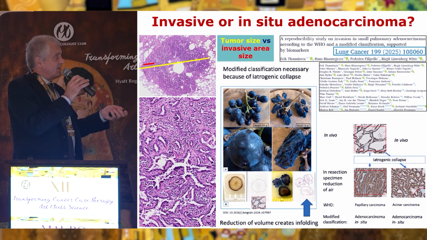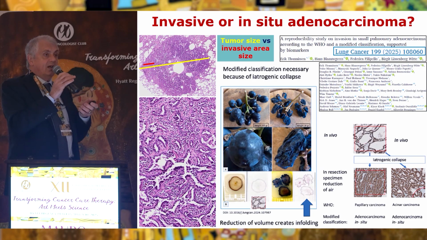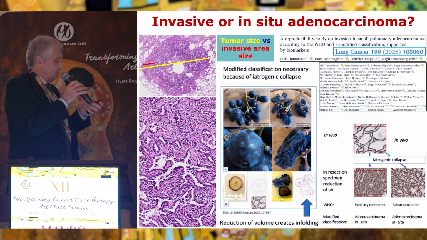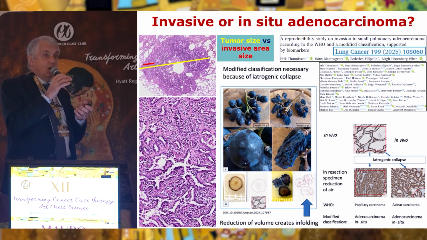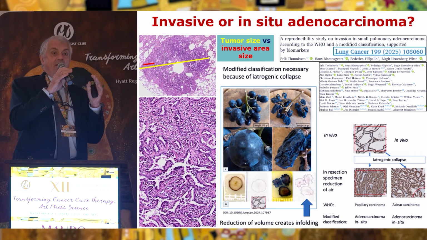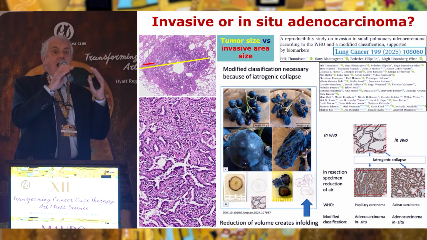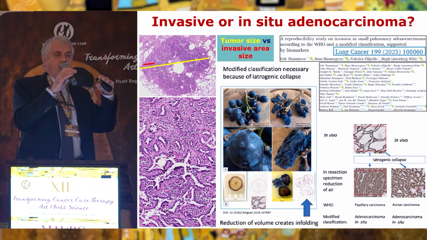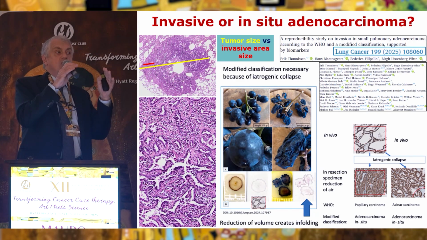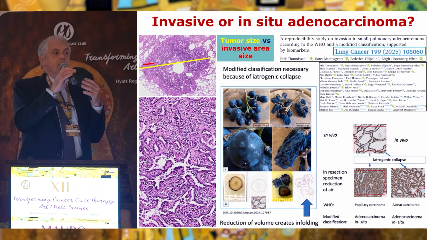And this is the pattern which we have to recognize in order to assess invasion in adenocarcinoma, because the lung is full of air. And when you receive a specimen after surgery, the lung is collapsed. And when the lung is collapsed, if there is a cancer inside, sometimes the in situ growth along the alveolar walls looks like invasion. So that's the big problem for us.